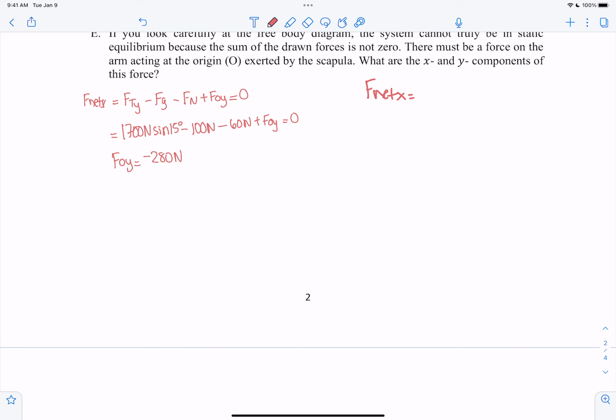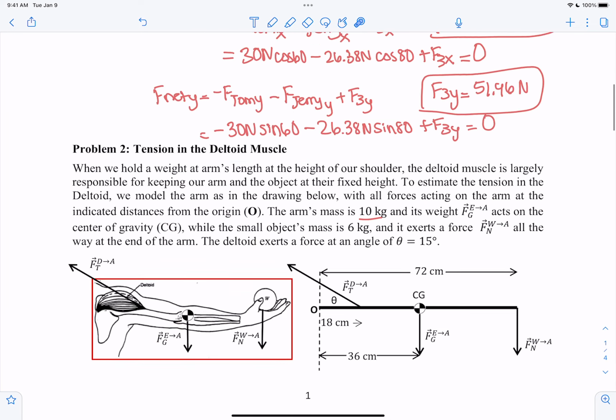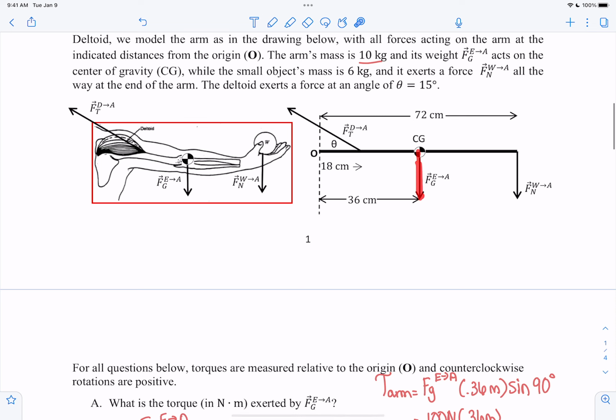So you're close. The only mistake you're making here is that these forces don't have an x component. Their x components are zeros. So we don't even include these in our equation.